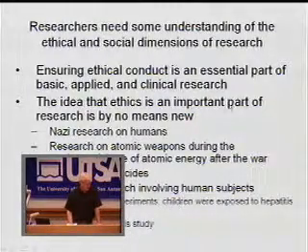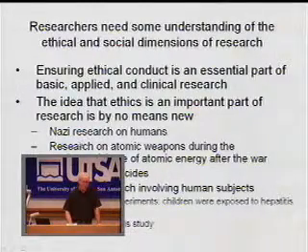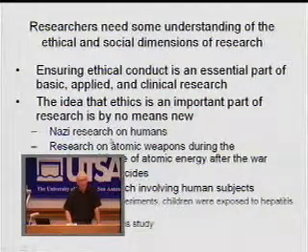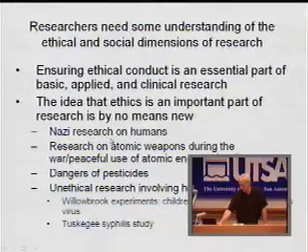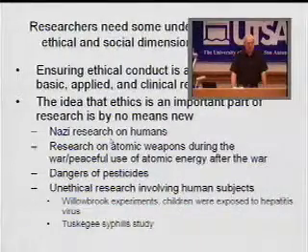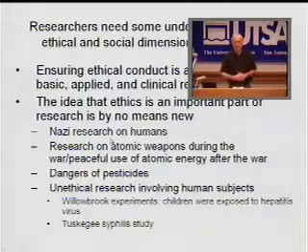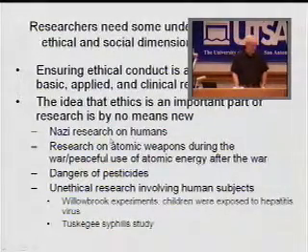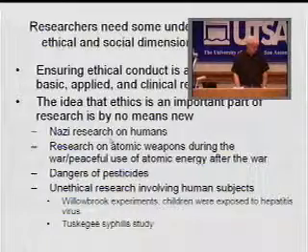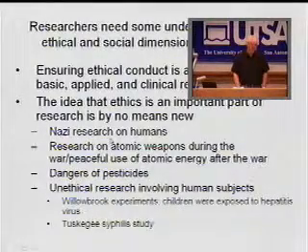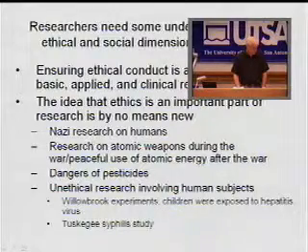The idea that ethics is an important part of research is by no means new. The examples in the text: Nazi research on humans. Is it ethical to look at any of this research? And if there's anything that might be of value, can we use it? Are we obligated to exclude that from our knowledge base because it was so immoral in the approach to collect that research data?